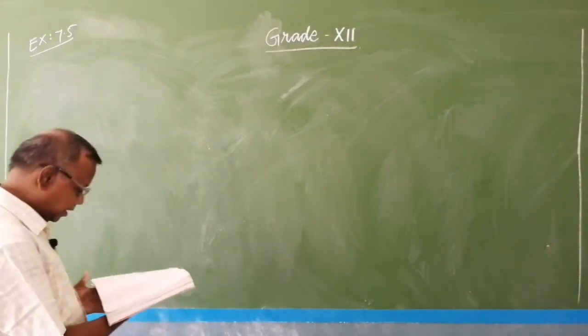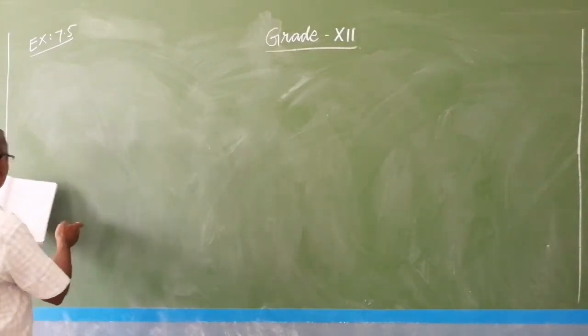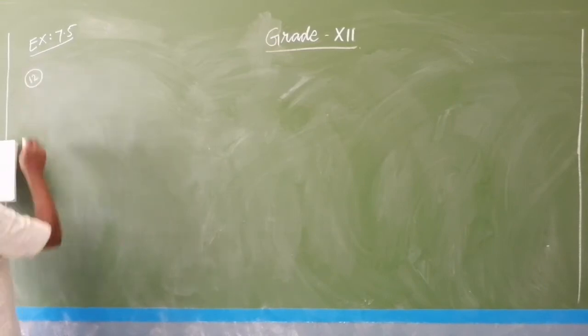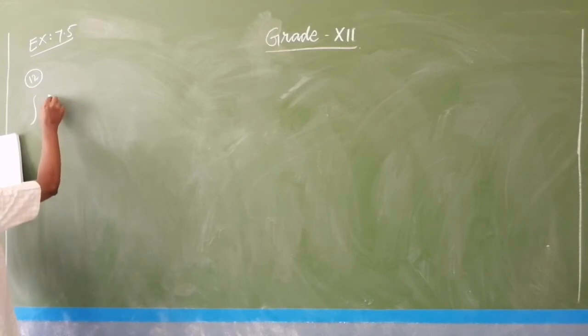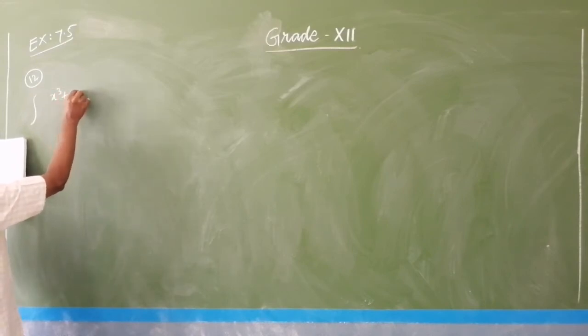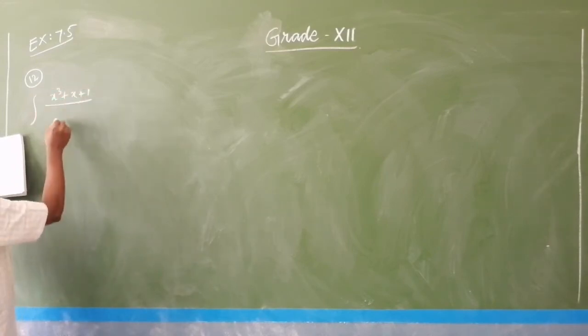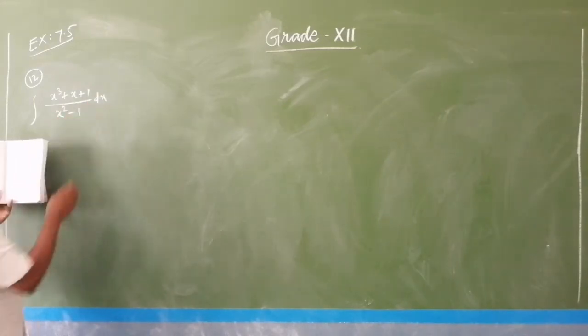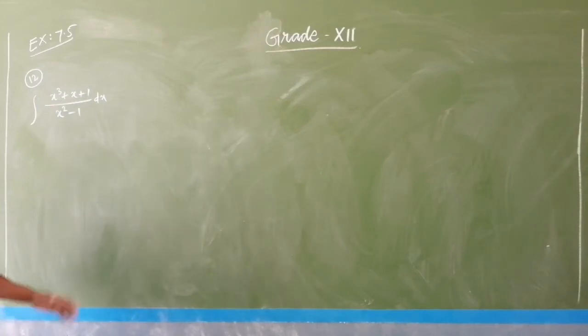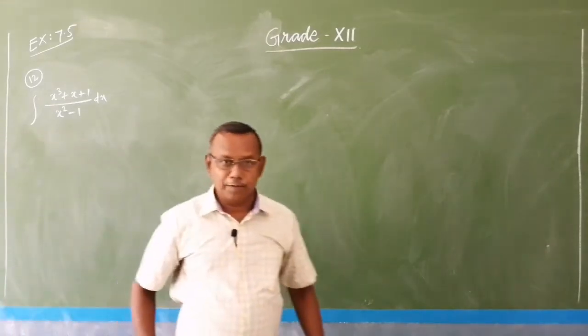Next, problem number 12. We are given to find the integral of (x^3+x+1) divided by (x^2-1) dx. This rational function is an improper function.